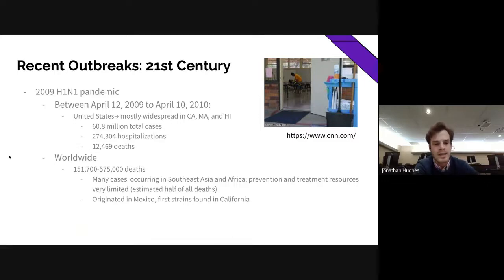Worldwide, it had 151,700 to 575,000 deaths. That number is so drastically estimated because they weren't really sure how many people in Southeast Asia and Africa were actually dying. Again, prevention and treatment resources were very limited. This disease first originated in Mexico, and the first strains were found in California.